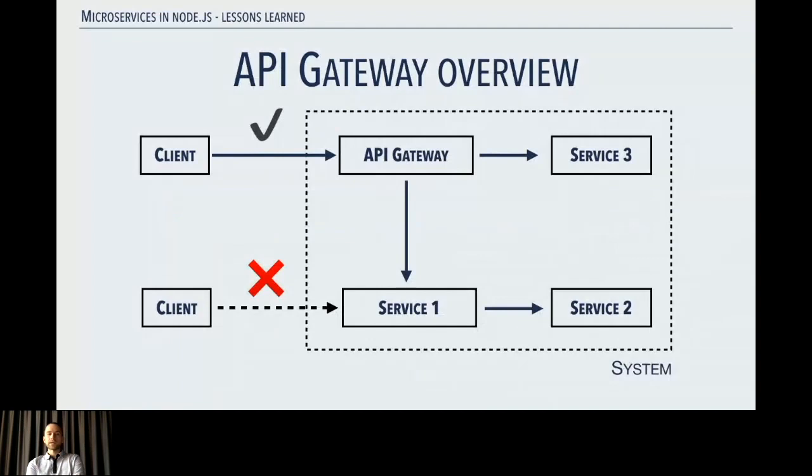So with API gateway, this should be the only entry point to our whole system. We shouldn't communicate with other services directly. So clients should only send messages to our API gateway. And this approach has a lot of advantages.